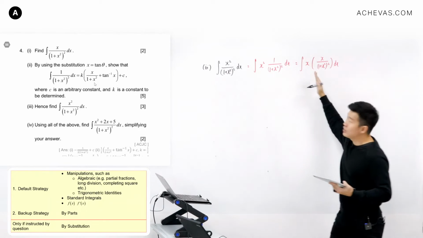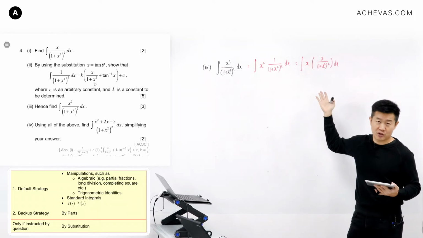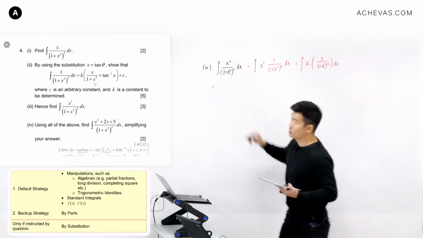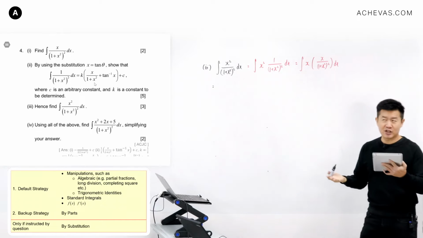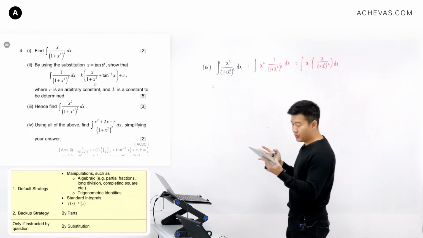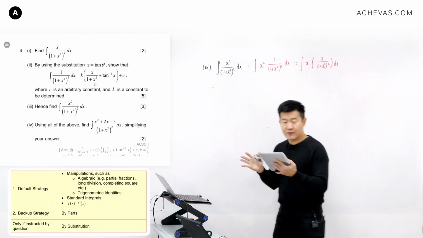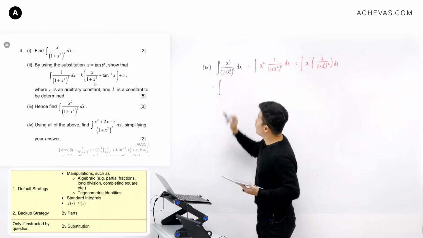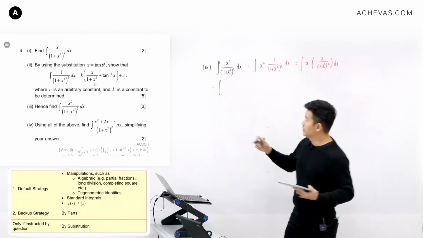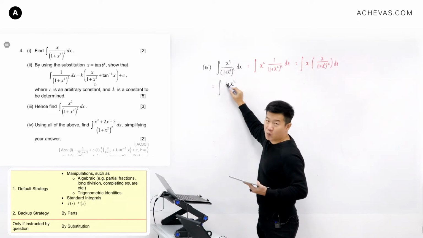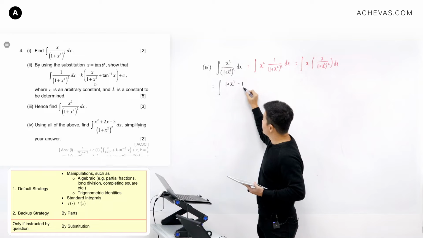So if you have tried this, maybe some of you should really go and see whether it is going to work, and compare it to a shorter version of the solution, which is if I can just think of a way to algebraically manipulate this. Let me show you a possible way. I can try to create a 1 plus x squared in the numerator. So 1 plus x squared, I created a 1 by adding a 1, so I need to minus away a 1.